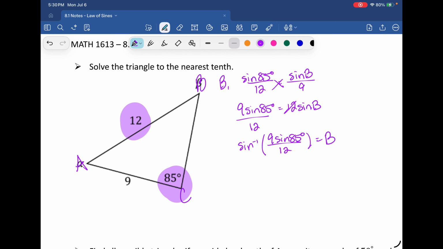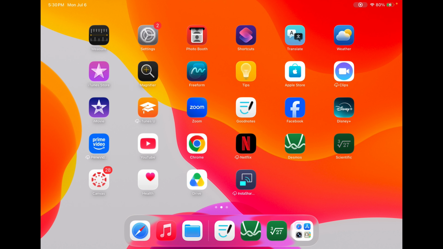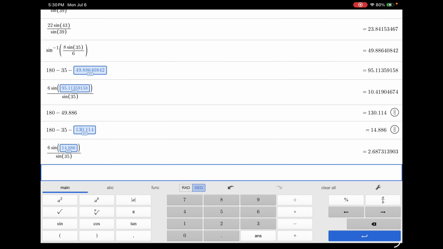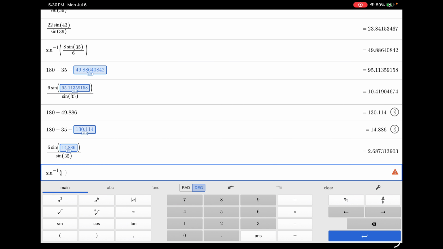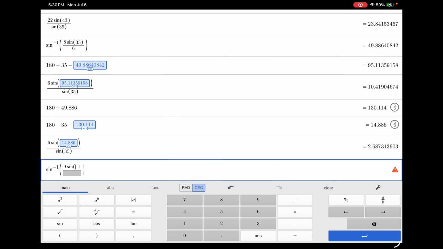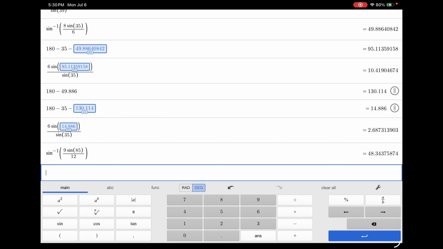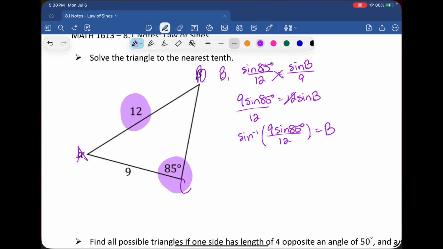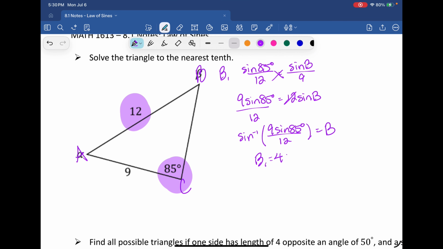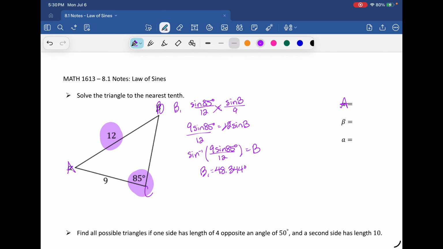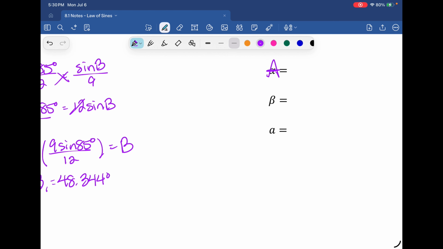Calculator: inverse sine of 9 sine 85 over 12. 48.344. So I got B.